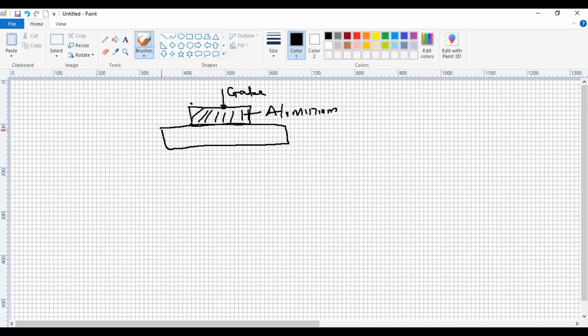Then I've got a slab of an insulator, something like silicon dioxide. And then we'll be dealing with a P layer. So P is highly doped. This is silicon.